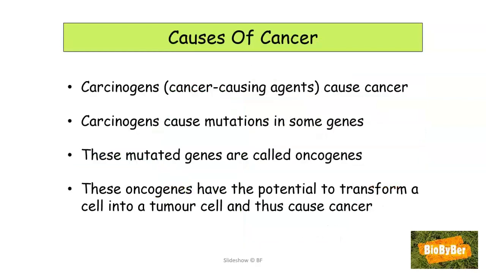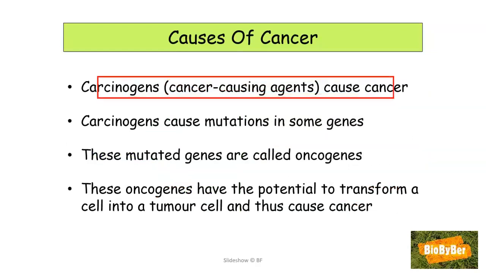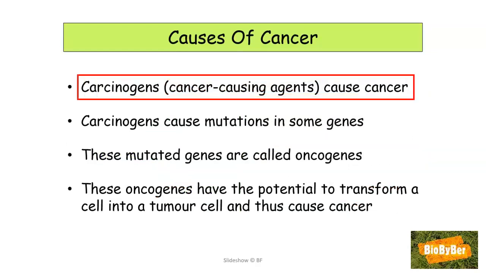Now, what are the causes of cancer? Well, carcinogens or cancer-causing agents cause cancer. Now, we need to be very careful here from an exam point of view. If we're asked what causes cancer, it is expected that we will be able to give a list of the carcinogens, not necessarily explain the mutations that carcinogens cause.